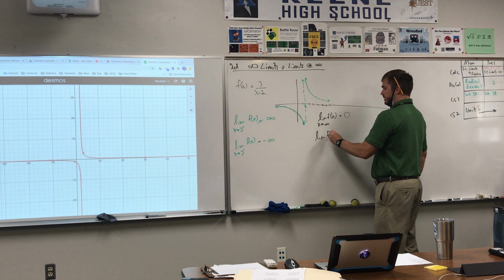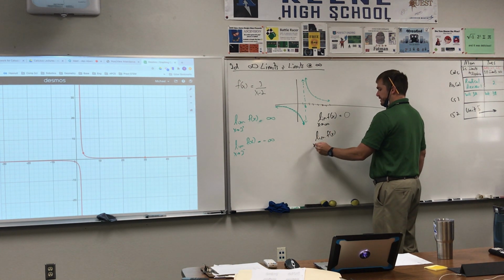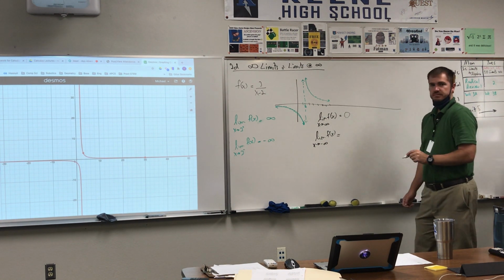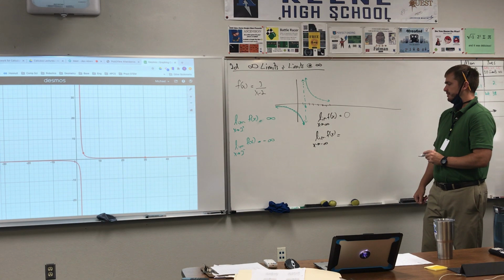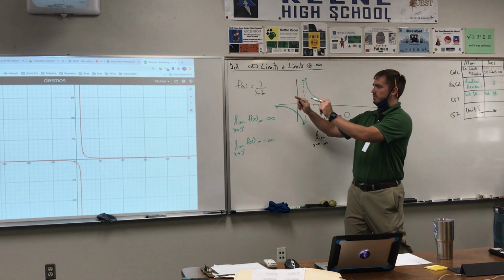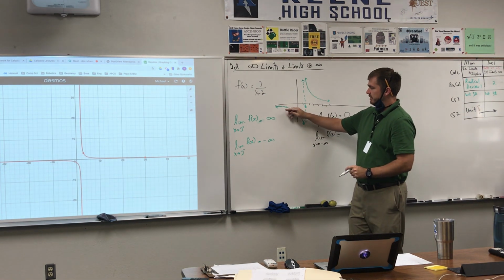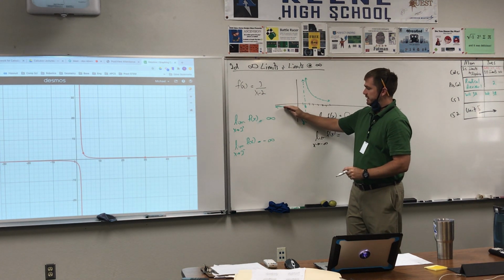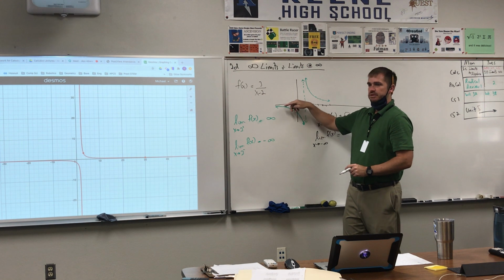What about the limit of f of x as x approaches negative infinity? As the x's get more and more negative. Looking at the graph here, based on my handheld sketch, it looks like it's approaching 0 as well.